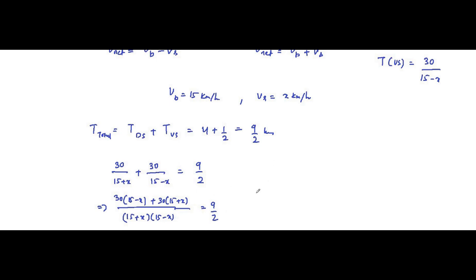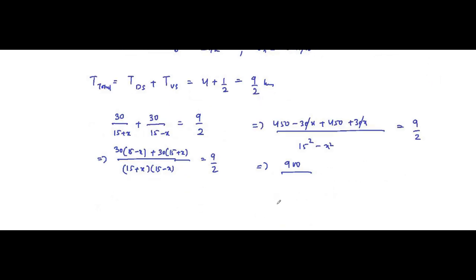So here it will be 450 minus 30x plus 450 plus 30x by 15 square minus x square is equal to 9 by 2. A plus b, a minus b is a square minus b square. That implies this gets cancelled. 900 by 15 square minus x square equals 9 by 2.